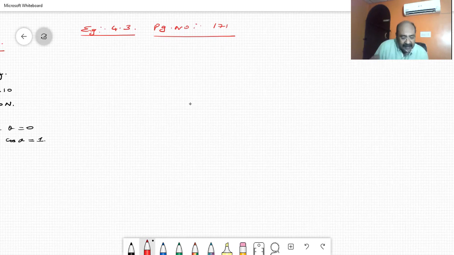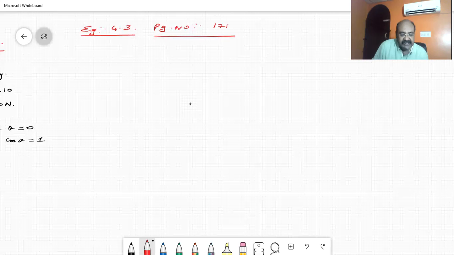Calculate the work done by the gravitational force and the normal force on the object. Assume the acceleration due to gravity g is 10 meter per second square.